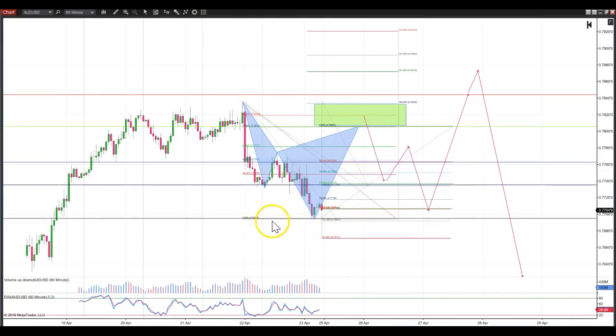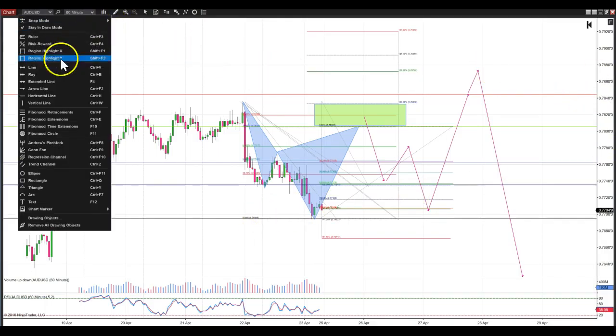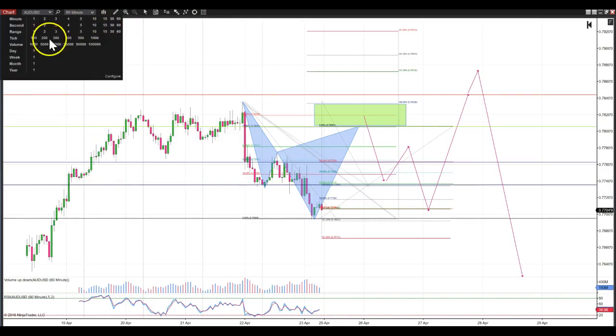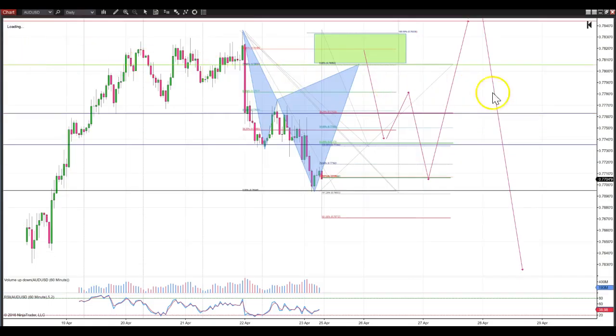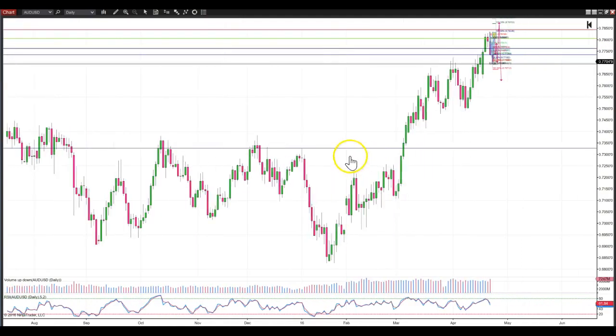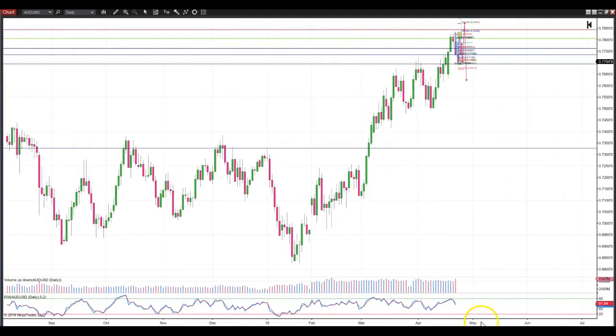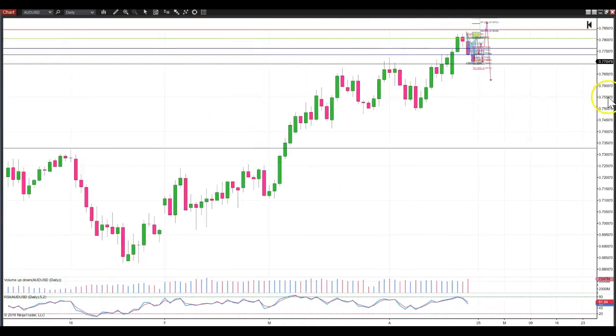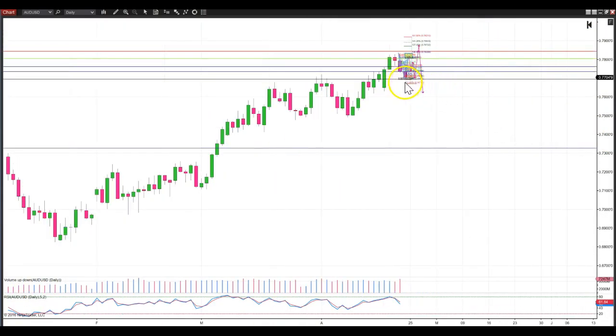It needs to break at least the 76.9 level. Now, if I go to the daily, because you want to really look at the daily to get a higher time frame kind of confirmation, and zoom that out a bit, you're looking for it to break that level.